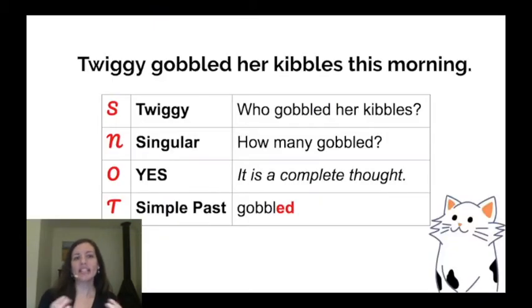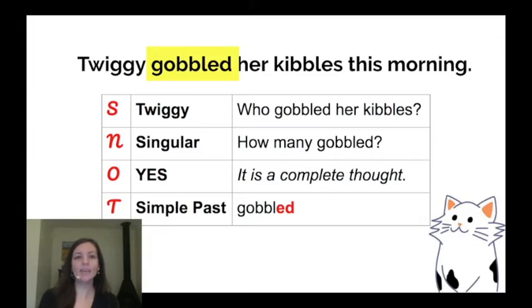Now when we look at this example, Twiggy gobbled her kibbles this morning, we're going to decide whether or not we have a clause. So remember, we're looking for the finite verb, and the verb in the sentence here, which is the action word, has to be gobbled. Is gobbled finite? Well, yes, of course it is. We have a subject to which it refers. Who is gobbling?